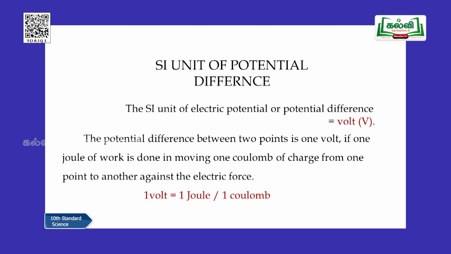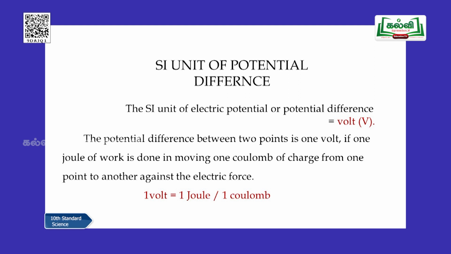The potential difference between 2 points is 1 volt if 1 joule of work is done in moving 1 coulomb of charge from one point to another against the electric force. Can you follow? Now we have to bring the positive charge, 1 coulomb of charge, from one point to another point.